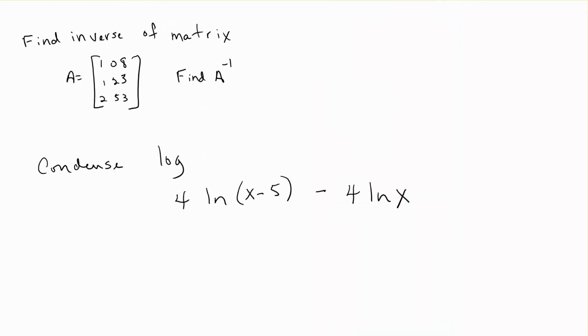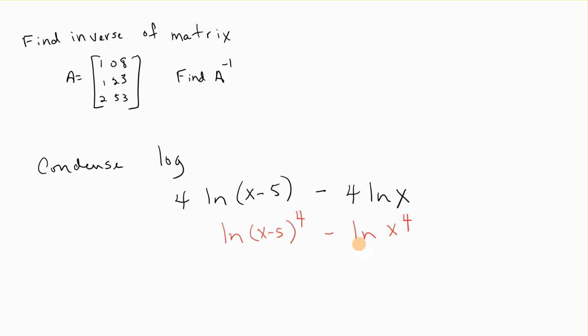Okay, let's do one more, condense a log that looks like this. It's a logarithmic expression. It's a natural log instead of a log. So the first thing we want to do is get these numbers in front. Remember, those were powers that could come to the front. So I'm going to rewrite that as ln of x minus 5 to the fourth minus ln of x to the fourth.